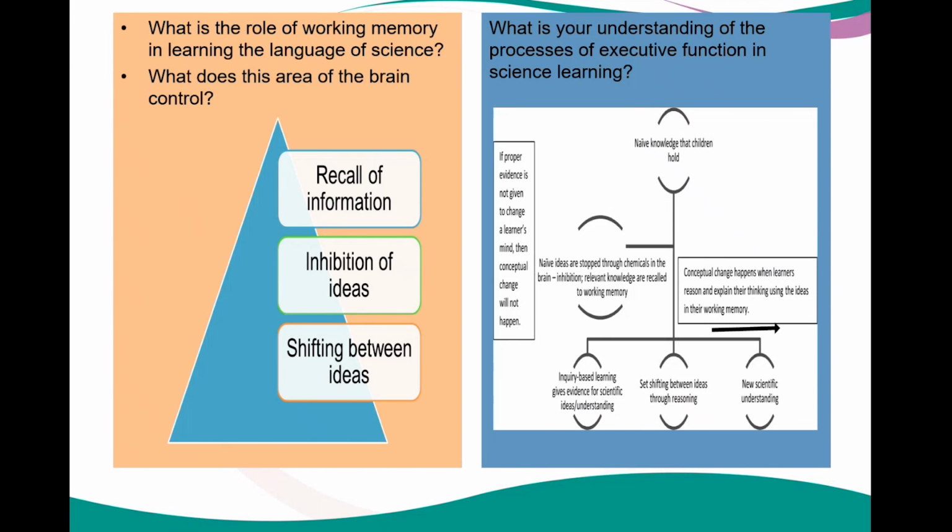So you need to consider what is controlled by the brain: the recall of information, the inhibition of ideas, the shifting between ideas. You need to look at the processes of executive functioning in science learning. If proper evidence is not given to change a learner's mind, then conceptual change will not happen, where naive ideas are stopped and the relevant knowledge is recalled to your working memory.